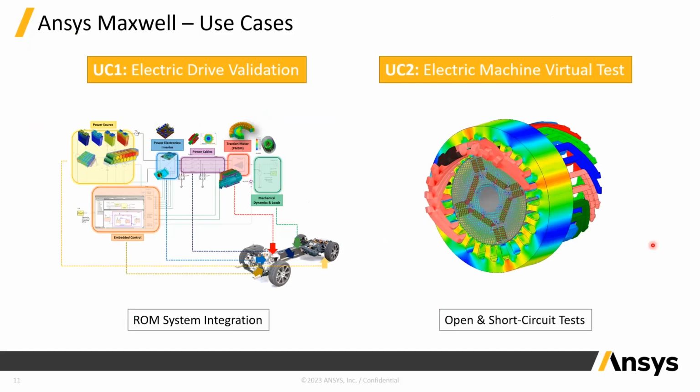As I already mentioned, ANSYS Maxwell is used in this certification for two important use cases, and all the derivatives from these use cases can be used towards safety compliance. Electric drive validation. Everyone is familiar with an electric drive from an EV, HEV road vehicle point of view.